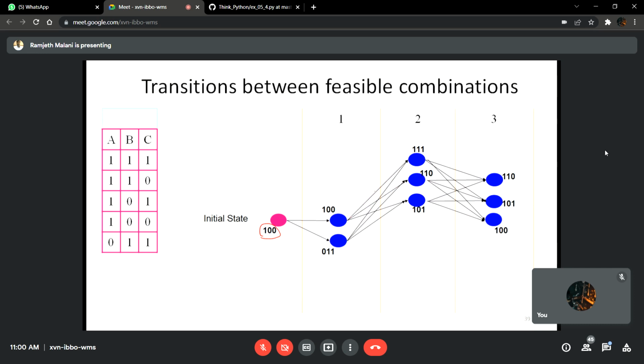From hour 1 you could have gone to any of these two states, from any of these two states you can go to any of these three states, and from any of these three states, for hour number 3, you can come to any of these three states, right?